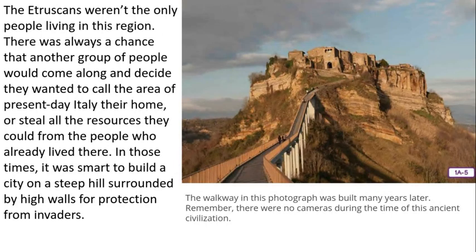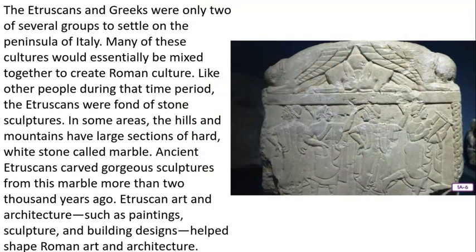In those times, it was smart to build a city on a steep hill surrounded by high walls for protection from invaders. The Etruscans and Greeks were only two of several groups to settle on the peninsula of Italy. Many of these cultures would essentially be mixed together to create Roman culture.